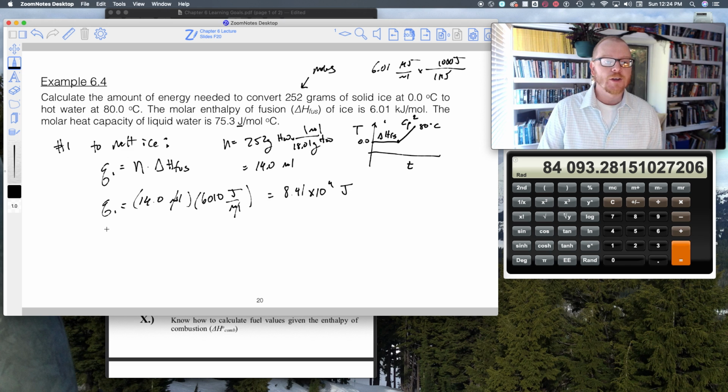Okay, so now we've got water at 0 degrees.